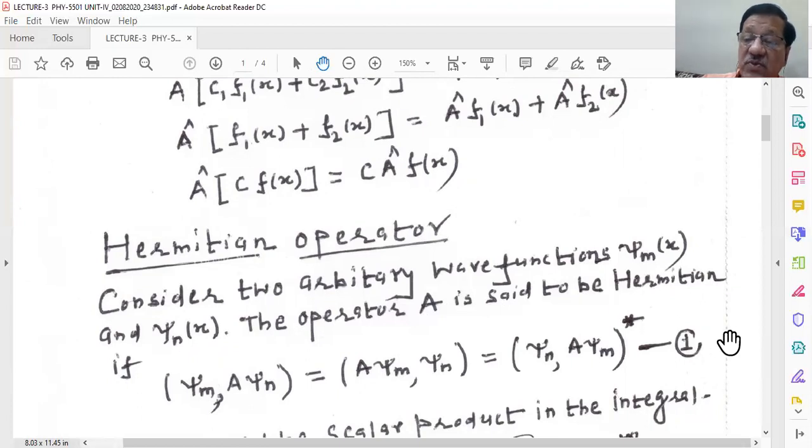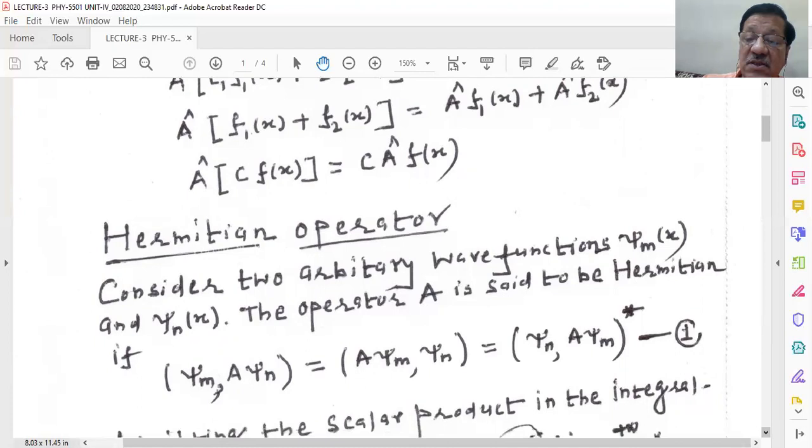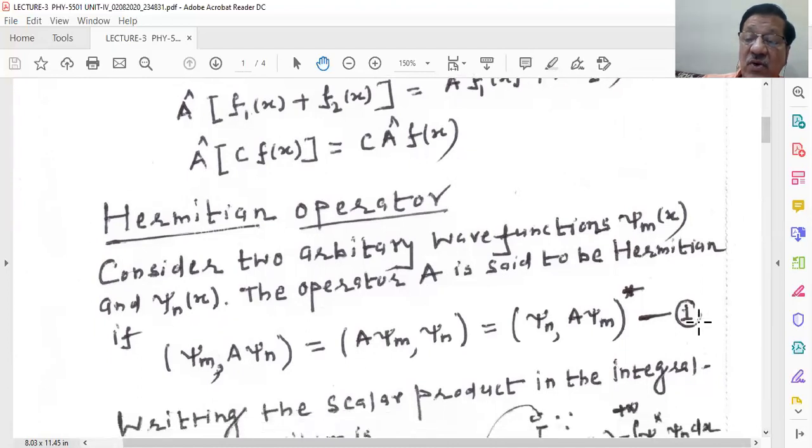When it is said to be Hermitian, then here is equation number one which I wrote; let me explain the interpretation of equation number one. See, I wrote a bracket notation. This is known as bracket notation. We will study bra and ket notation when we study the wave function as a vector, but right now I am using the bracket notation.